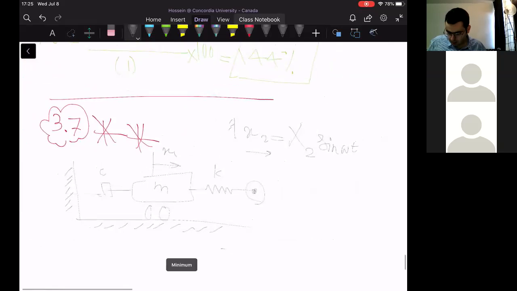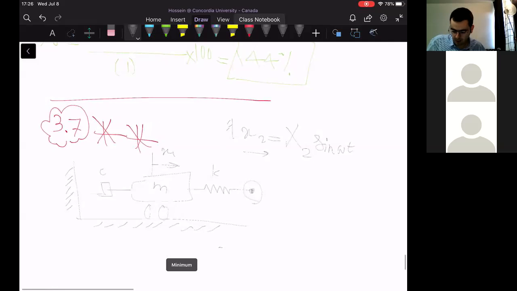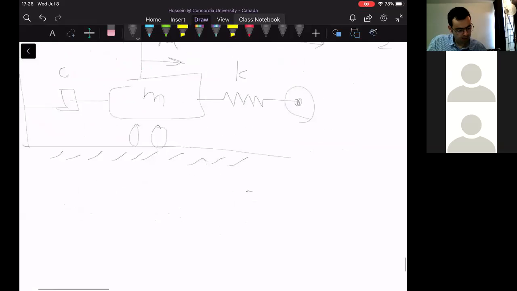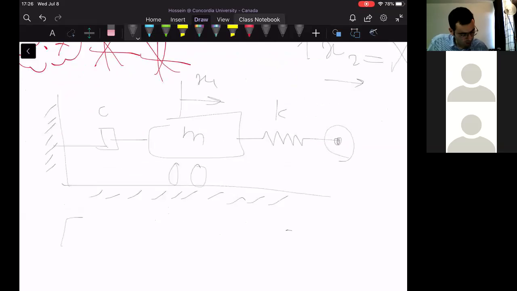For this system shown in this figure, set up the equation of motion and solve for the steady state amplitude and phase angle using complex algebra. So we have to derive the equation of motion and then solve for amplitude and phase using complex algebra.